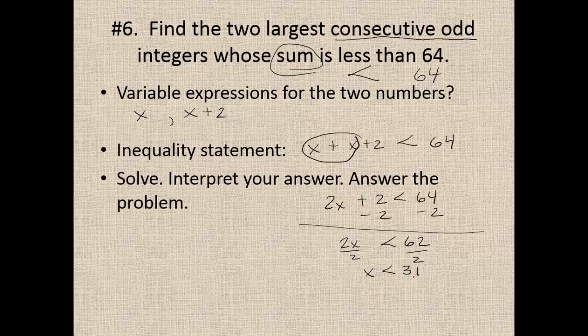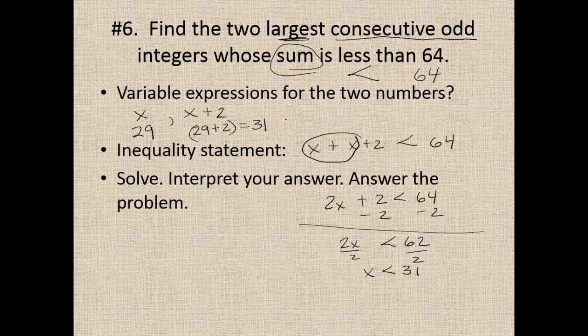So if x is less than 31, the largest that it could be is 29. Okay, and if x is 29, then x plus 2 is 29 plus 2, which is 31, and that is the next odd number.